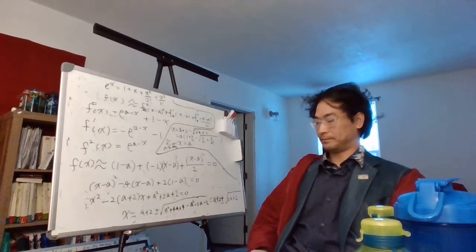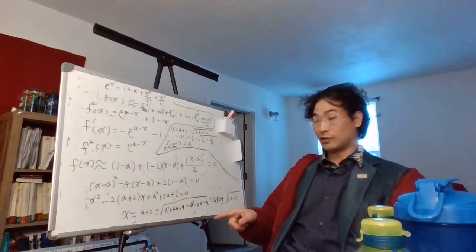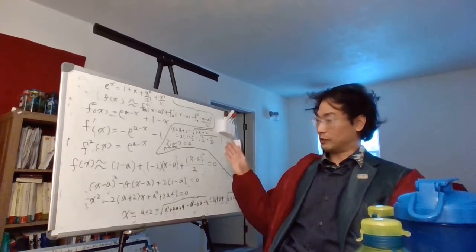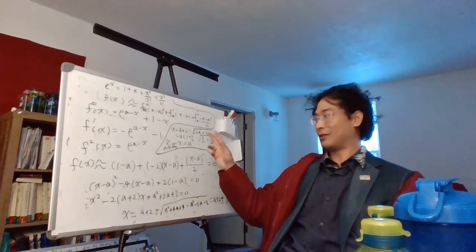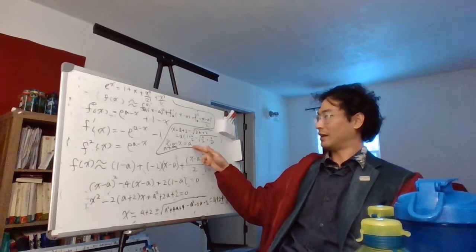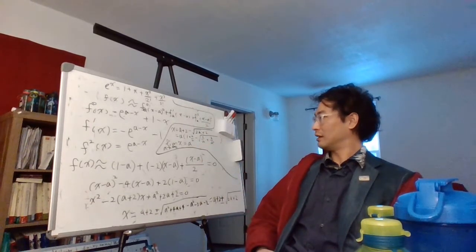I kind of suspected this a little bit. I thought the profit maximization point x is nearby a.